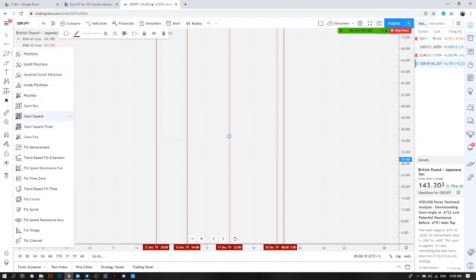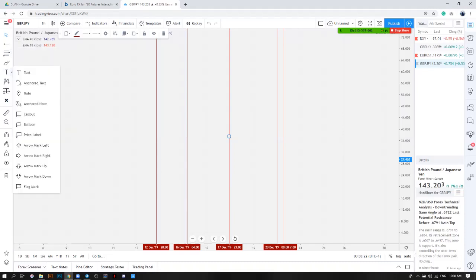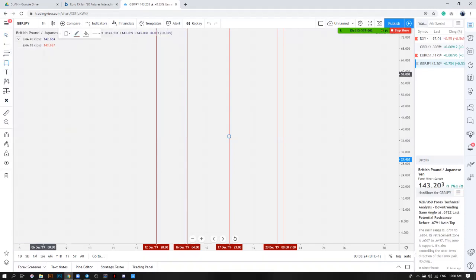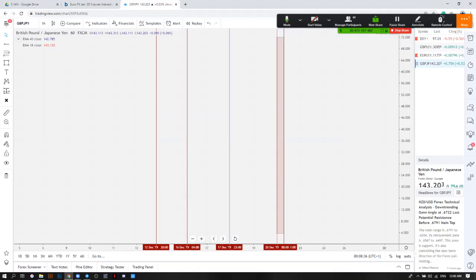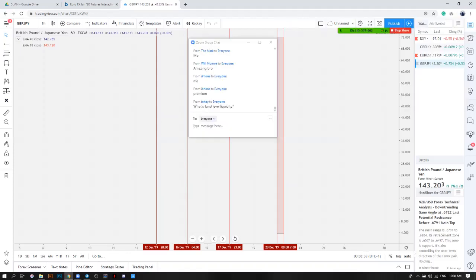The dead zone is where every day the market usually has a period where it basically does nothing. It just goes up and down. So we call this the dead zone. Make sure you're taking pictures and writing down notes. Now, fund level liquidity is where the funds have surpluses.